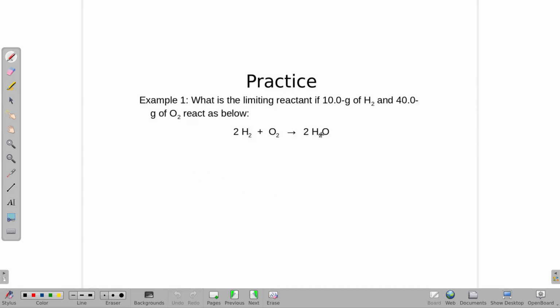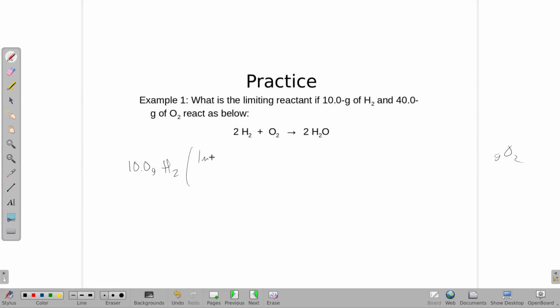All right, so let's do this one. What is the limiting reactant if you have 10 grams of hydrogen and 40 grams of oxygen in this reaction? Now, you notice how these are both masses, which makes it a little bit harder. But we're just going to take one of those two, and since 10 is the first number, I'm going to use it. So I have 10 grams of hydrogen, and we're going to calculate the grams of oxygen needed.